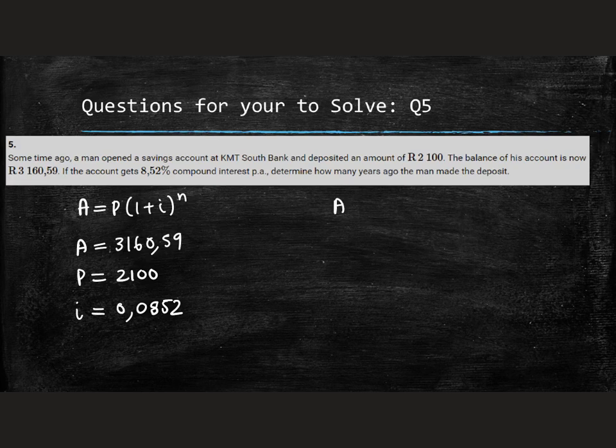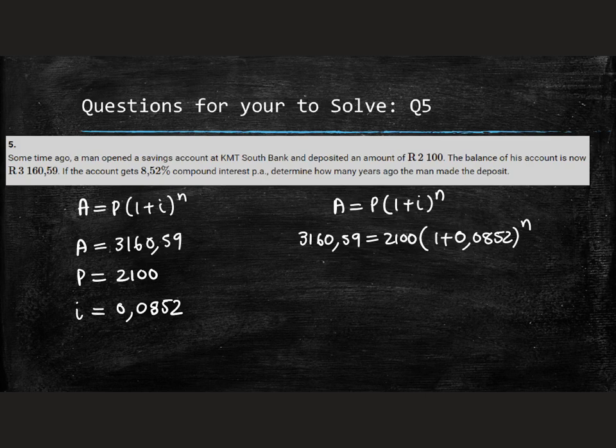We know that we're dealing with this, so we can start to set up our solution. And what we want to solve for is n, how long. Let's invest 2,100 Rand and 59 cents, so 2,100, and it's 1 plus 0.0852, to the power of n.